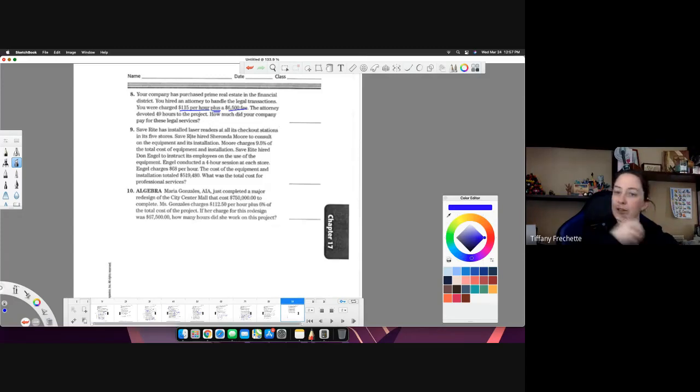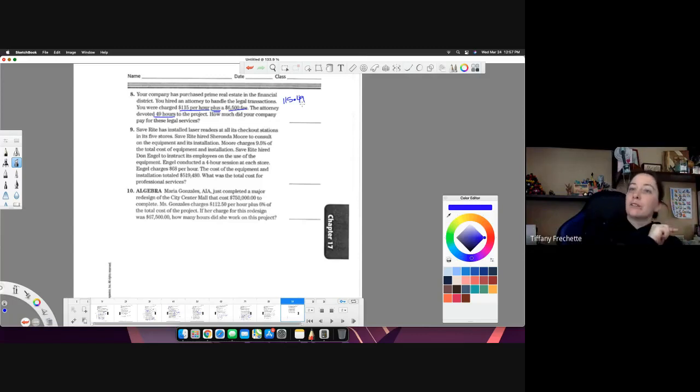All right, so very similar to the last one, except we have one lawyer and they get $115 per hour and they spent 49 hours. So we don't have to do the extra calculation. On the last one, we had to multiply by the 3 designers because there was 3 of them. In this case, there's only one lawyer, so we don't have to do an extra number there. So only $115 times hours. The only time you have 3 numbers being multiplied is if there's more than one person.